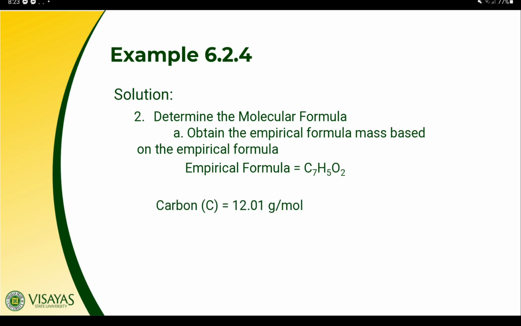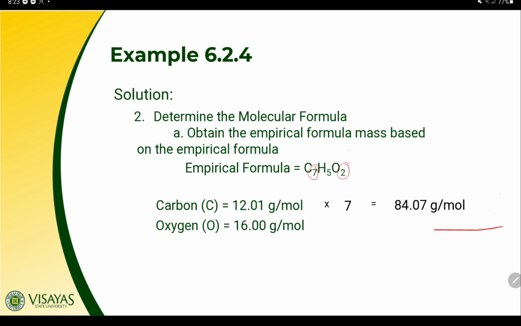And to get the molecular formula, we first obtain the empirical formula mass based on the empirical formula. So we have 12.01 grams per mole as our molar mass for carbon, since we have 7 carbon atoms. So we multiply this by 7 and we get 84.07 grams per mole. For oxygen, we have 16 grams per mole times 2, we have 32.